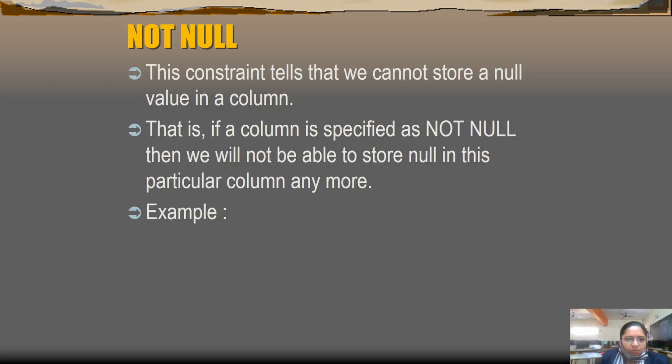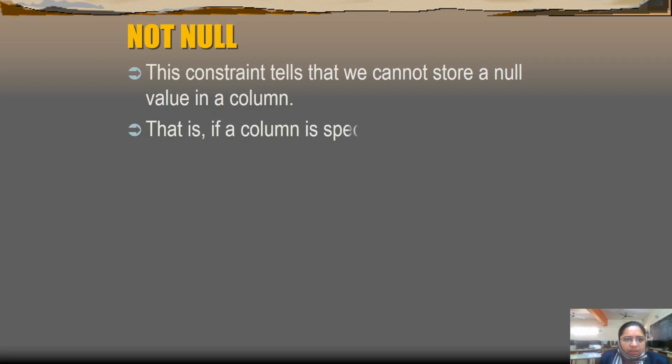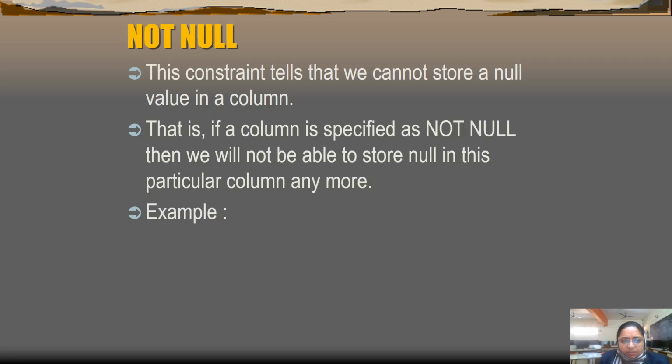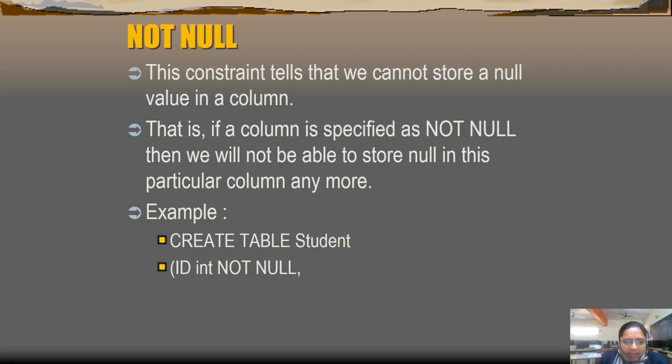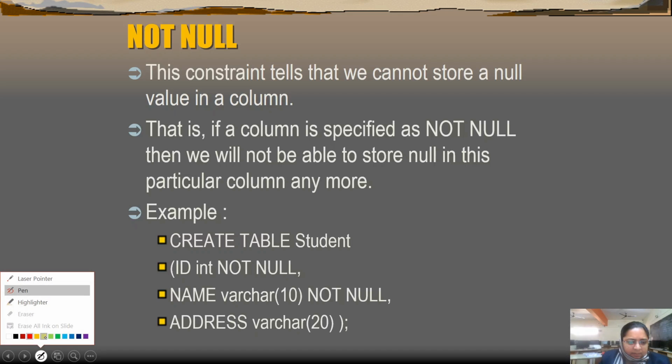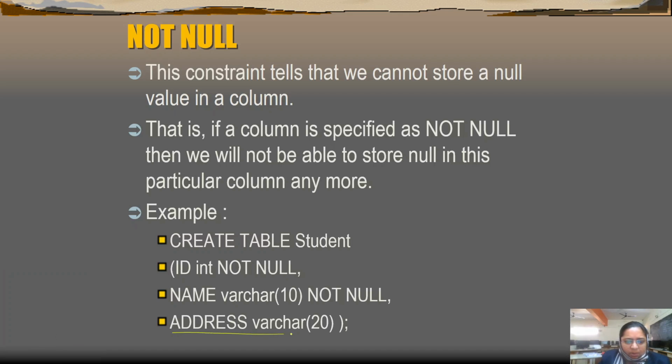If a column is specified as not null, then we will not be able to store null in this particular column anymore. That is, storing null means leaving the value blank. For example, you can see over here ID is not null and name is also not null, and address has been left as it is. So we don't have not null for address over here.